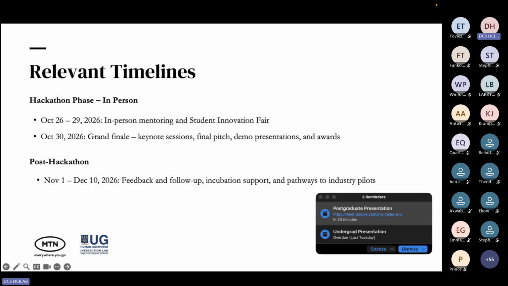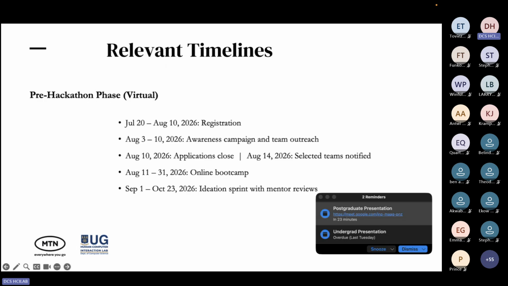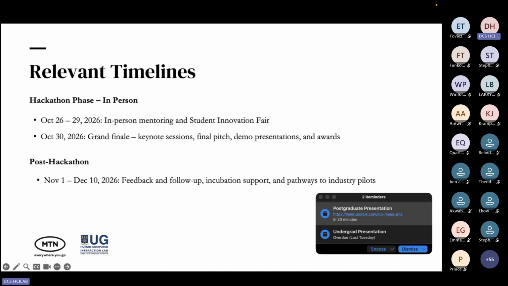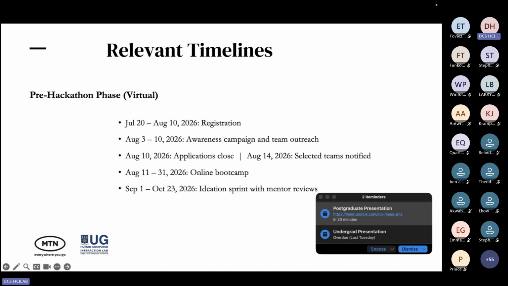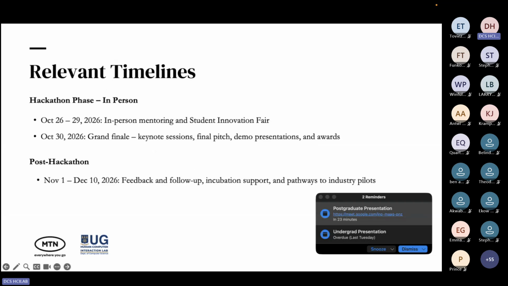Of course, at the end of that phase, there would also be another screening, which will lead us into the hackathon phase. It is expected that at the end of the ideation phase, only the top 5 teams will be selected, and they are the ones who would make it to the hackathon phase.